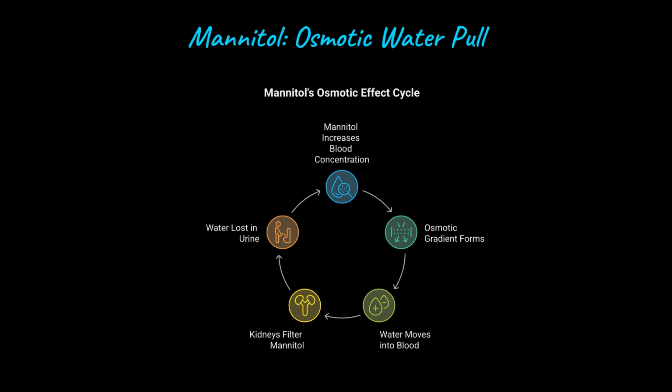The kidney then filters the drug, which holds that water inside the tubule, and a large volume of urine leaves the body. Clinicians reach for mannitol when tissue pressure must fall fast, most often a swollen brain trapped inside the rigid skull, or dangerously high pressure inside the eye. The drug borrows water from where it is harmful and moves it to where the kidneys can flush it out.